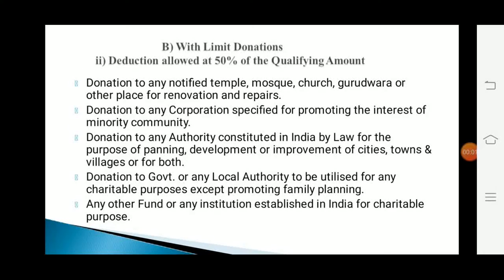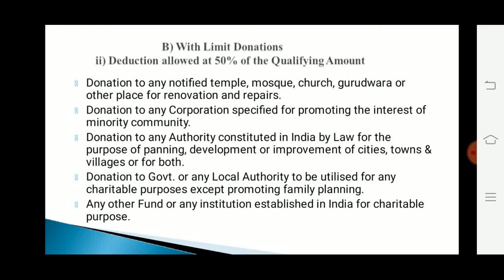Under with limit donations, the second type is deduction allowed at 50% of the qualifying amount. Donation to any notified temple, mosque, church, gurudwara or other place for renovation and repairs. Donation to any corporation specified for promoting the interests of minority community.